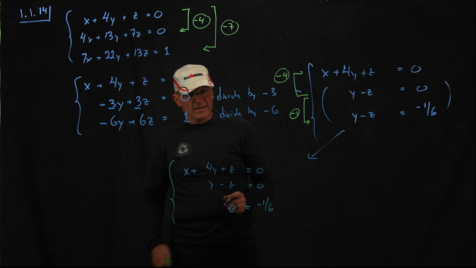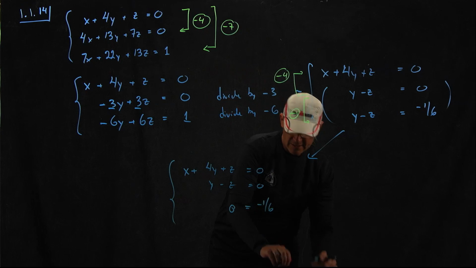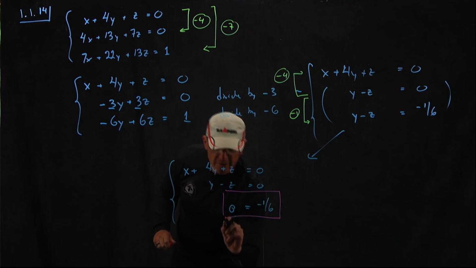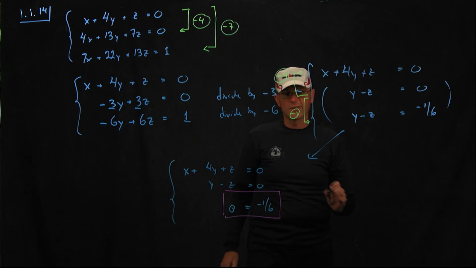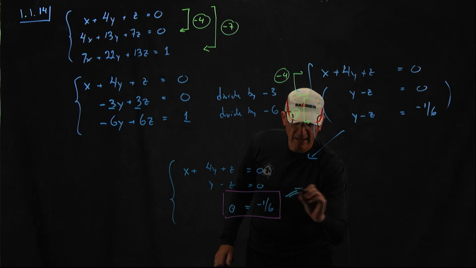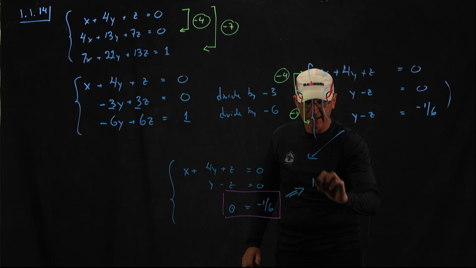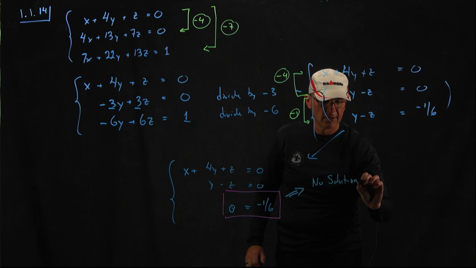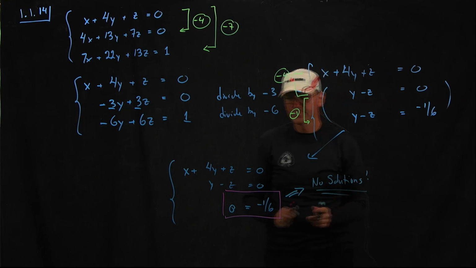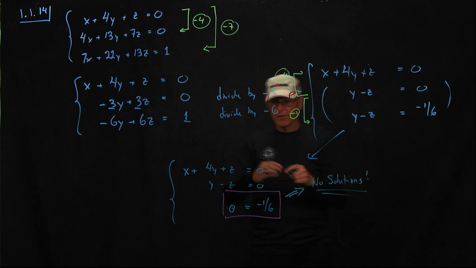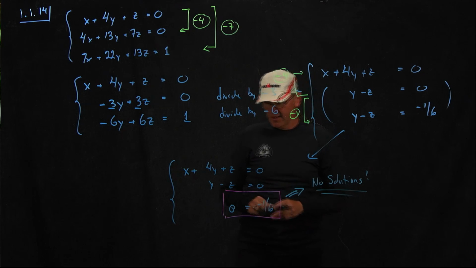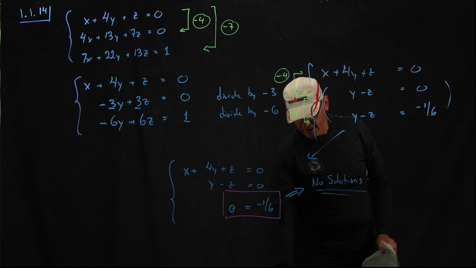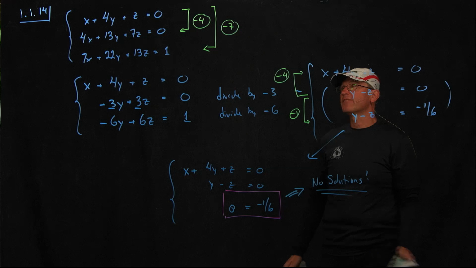So, of course, this is our problem. 0 equals to something non-zero indicates that this problem has no solutions. Right, so again, we had an inconsistent set of equations. Okay, so that takes care of that problem.